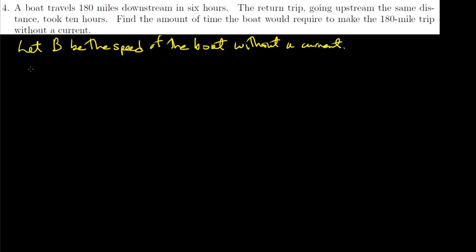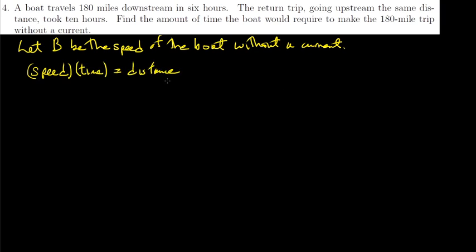We're looking for the speed of the boat without a current. So let's say let B be the speed of the boat without a current. And once you know the speed, you can find the time. Before we do anything else, remember the relationship: speed times time is equal to distance.